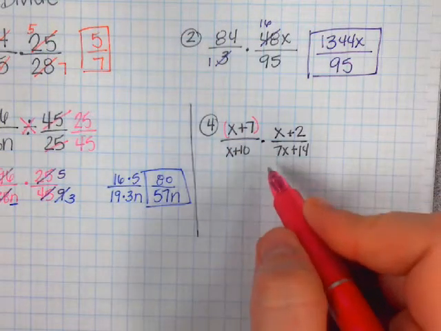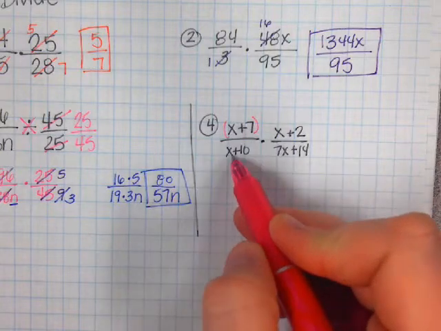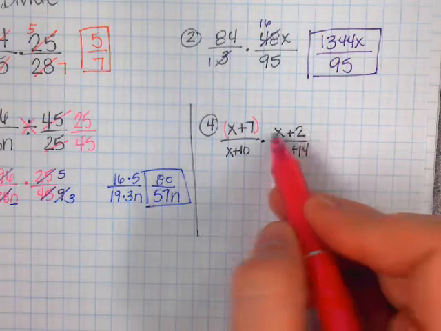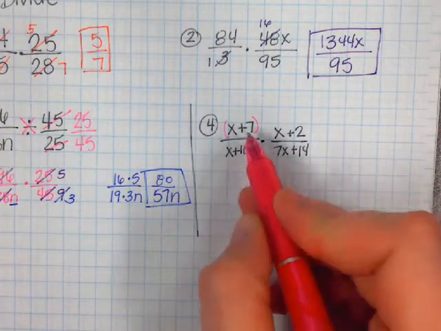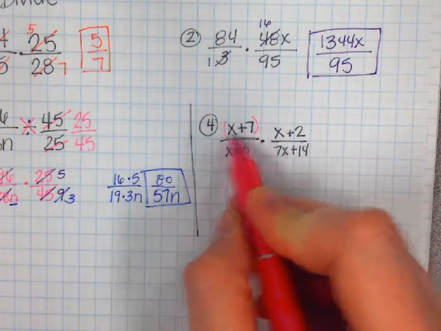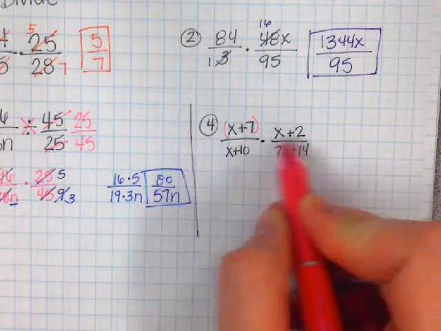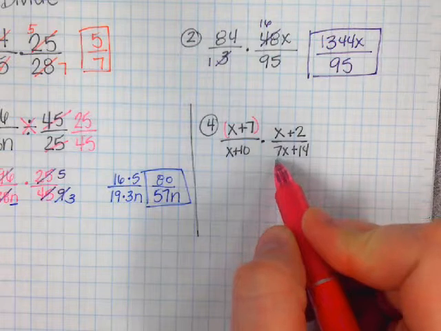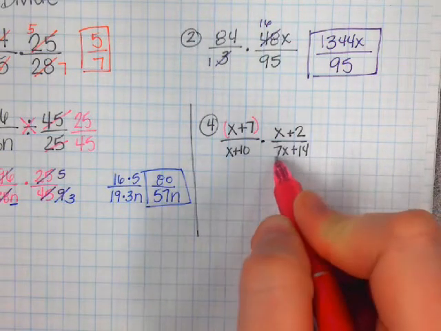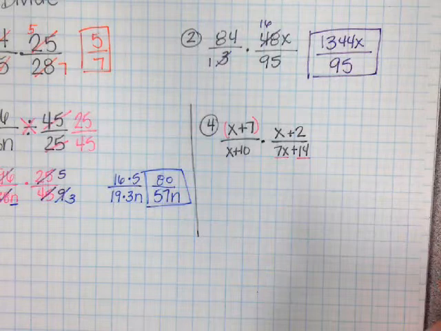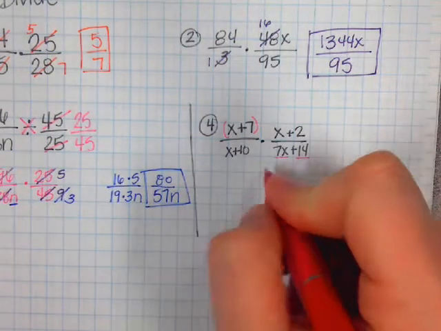Let me get one of my erasable pens so if I make a mistake. This whole thing has to reduce with some other whole thing. Well, it can't reduce with that. I can't reduce it across. The only thing that I can see, this one, there's no common number here, no common number here, no common number here. Like we were talking about yesterday, you have to factor out the greatest common factor.